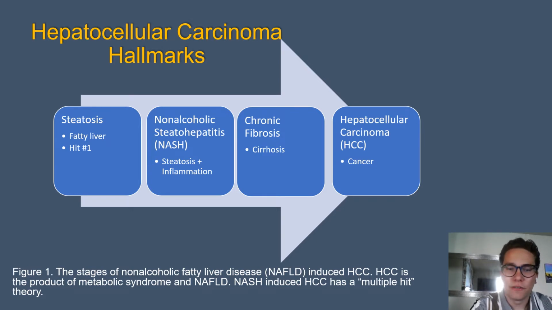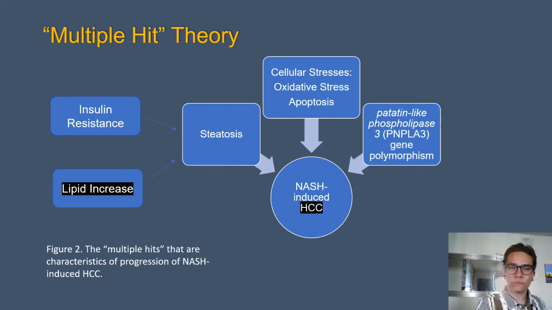And this is how we define the stages of non-alcoholic fatty liver disease induced HCC. And there's actually a multiple hit theory on how the fatty liver disease induces HCC. So first, steatosis, which again is fatty liver.